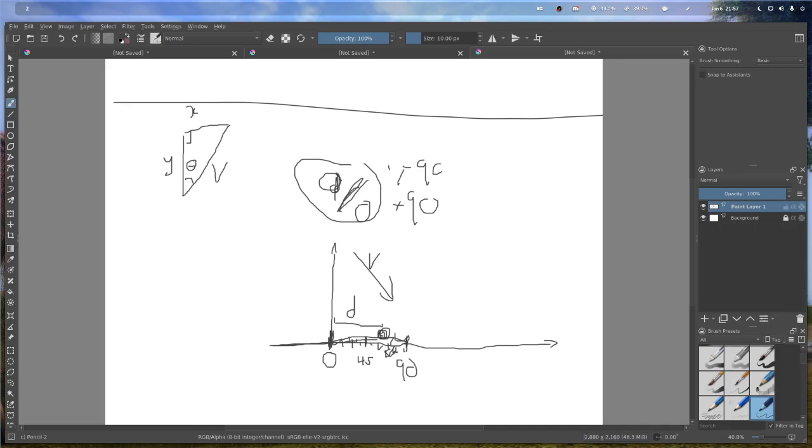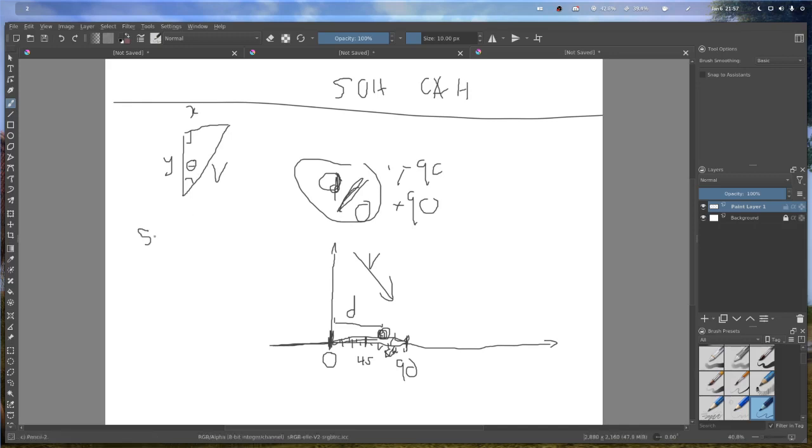Let's call it theta. And if you remember grade 11 math, there's something in trig called SOHCAHTOA. We only need SOHCAH, so let's just keep it at that. To find our X, this is the opposite, and this is the hypotenuse.